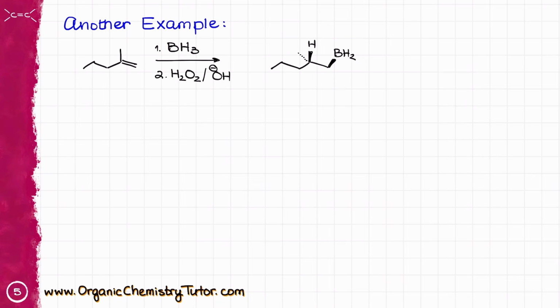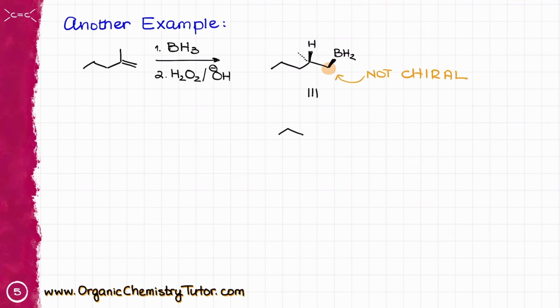So an important thing that I want to point out here is that this carbon over here is not chiral, which means that showing a dash or a wedge on that carbon is completely unnecessary. And your instructor might very well just write this as just a simple straight line.